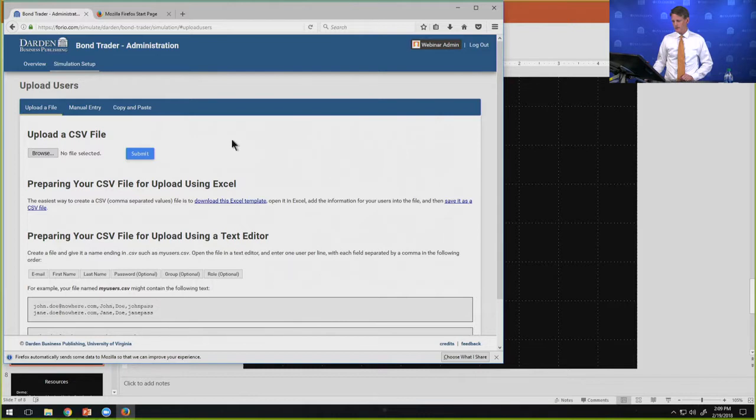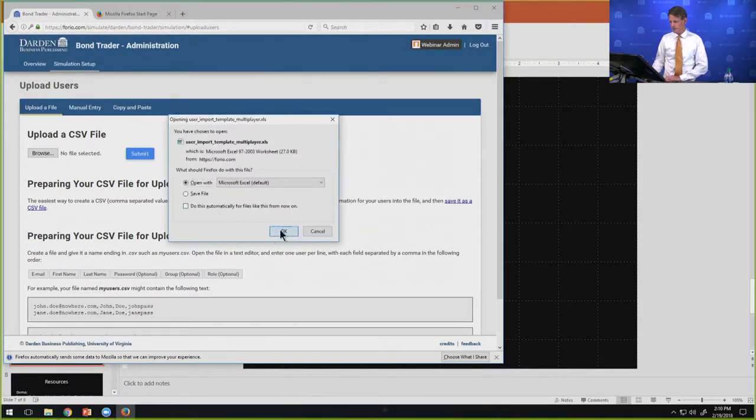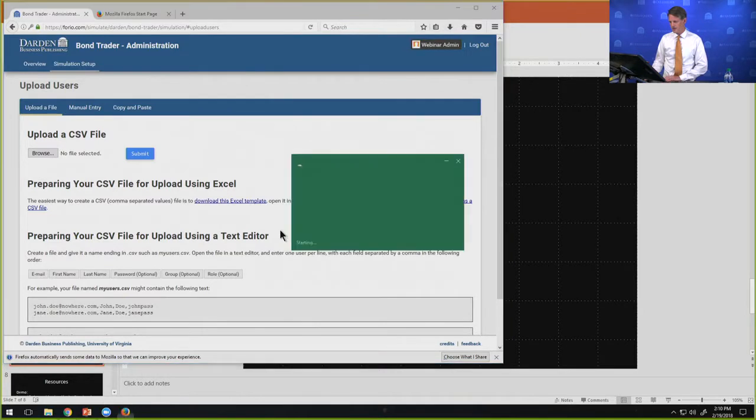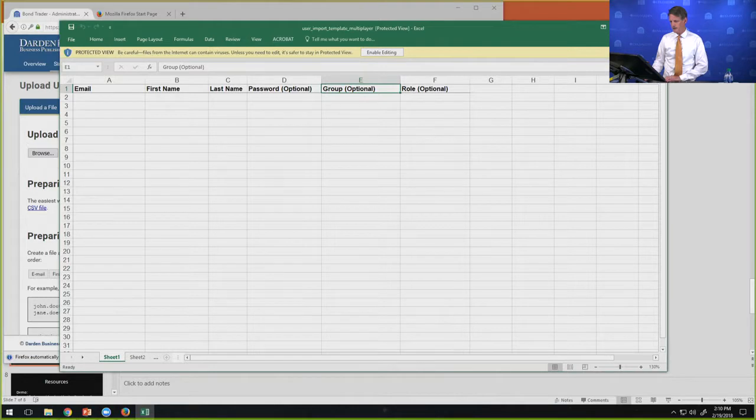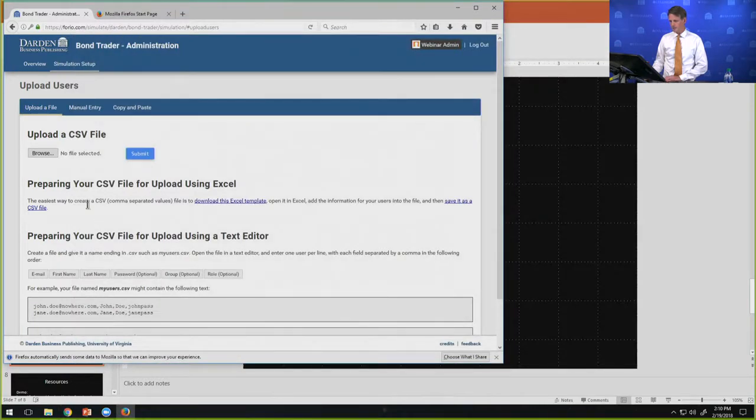One approach is to simply download the Excel spreadsheet that's here, and then copy in the email addresses, first names and last names, and passwords if you'd like. You save that and then upload it. So browse there, upload that, and then submit that file.